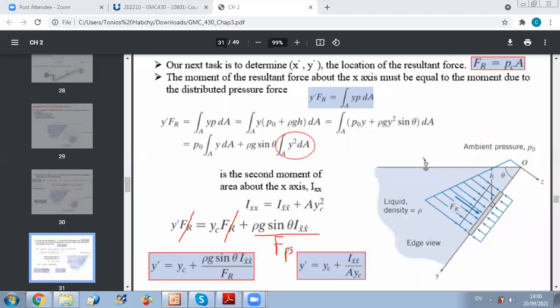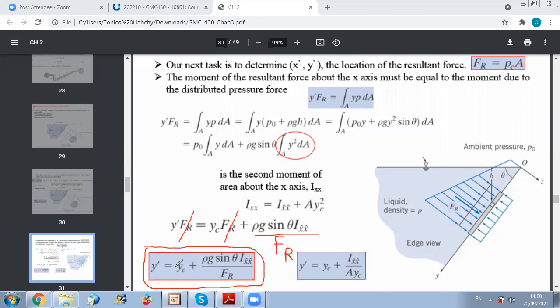So this formula will give you the position of the center of pressure of your force with respect to the y-axis. And if you analyze this formula, you can see that your point of application is always below the centroid of the area.